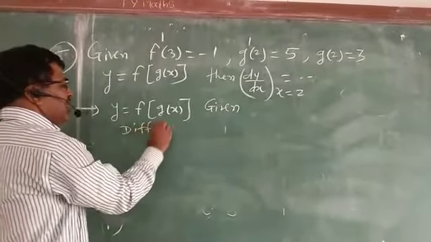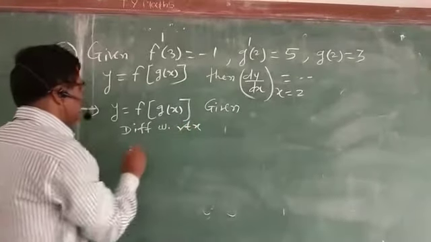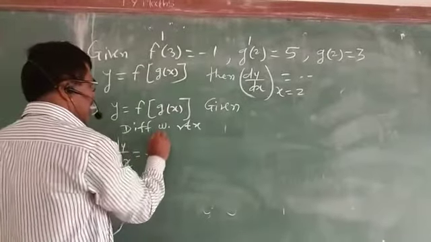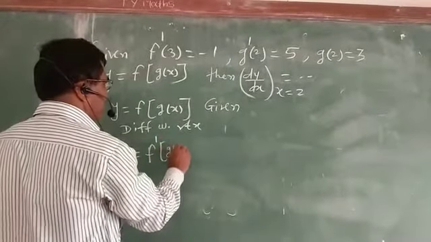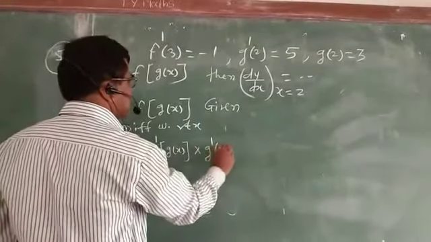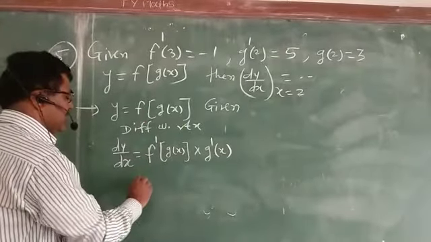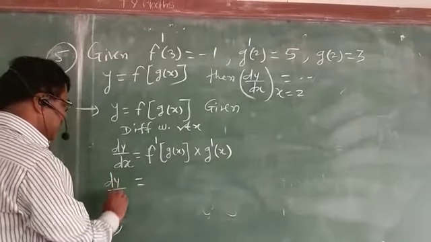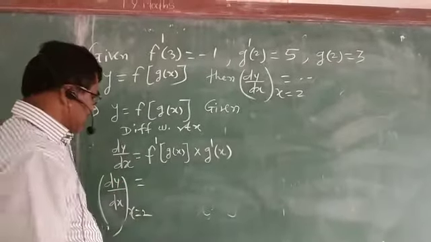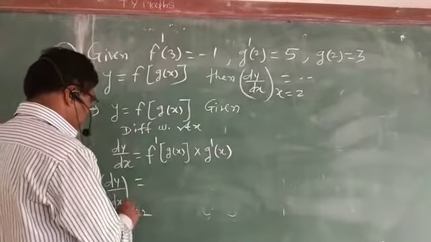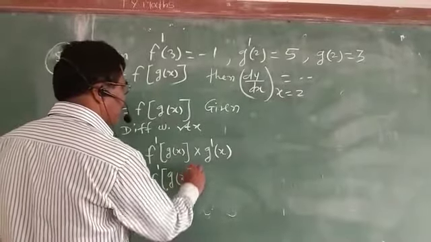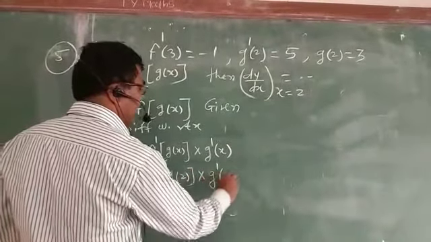Differentiating with respect to x, dy by dx equal to f dash g of x into g dash x by using chain rule, that is dy by dx at x equal to 2, f dash g of 2 into g dash 2.